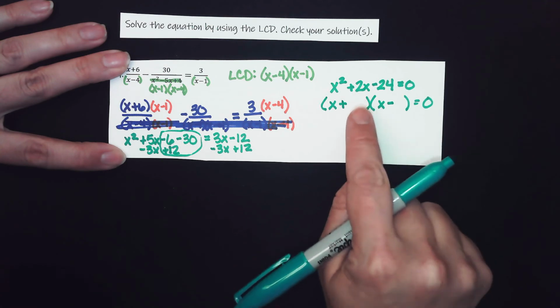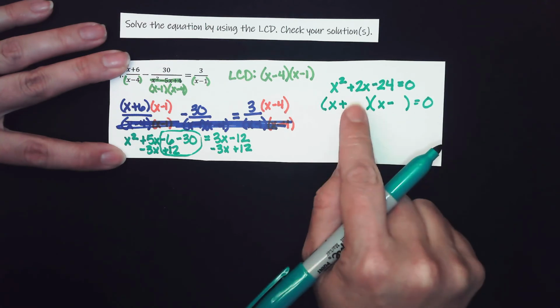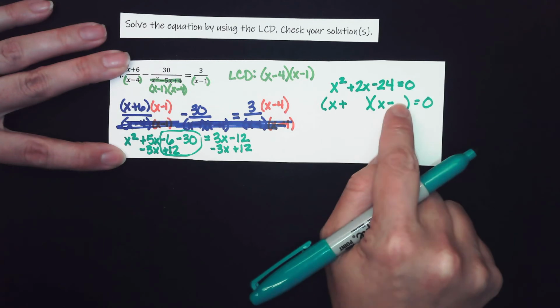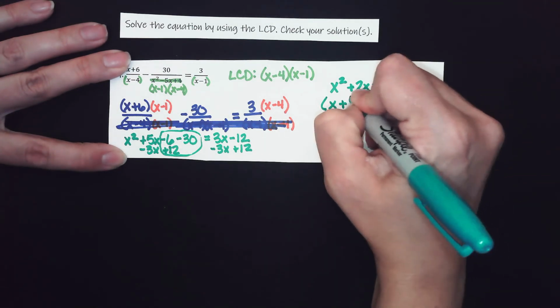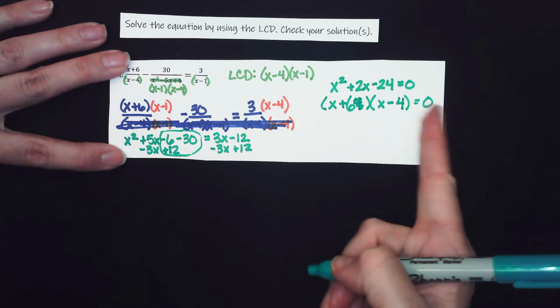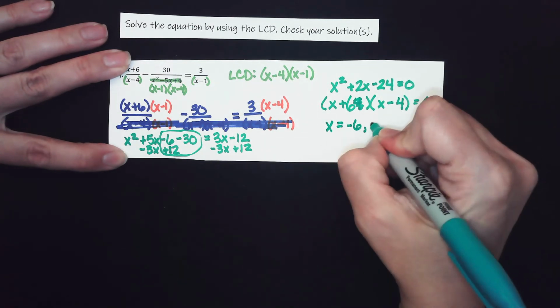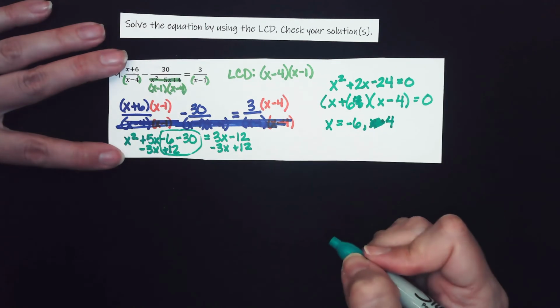So I know the bigger number has to be positive to add up to a positive 2. Well, I know 6 times 4 is 24, and a positive 6 minus 4 is 2. So I have positive 6 and negative 4. Alright, set each of those equal to 0, and I get x is a negative 6, and x is a positive 4.